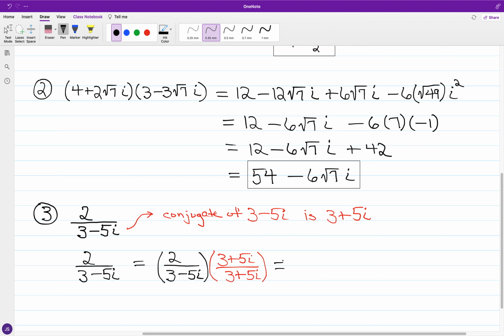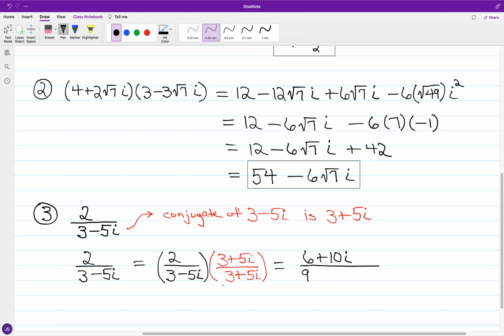Upon distributing, in the numerator we have 2 times the quantity of 3 plus 5i, so we have 6 plus 10i. For the product in the denominator, again, the product of conjugates is going to be a constant. 3 times 3 is 9.